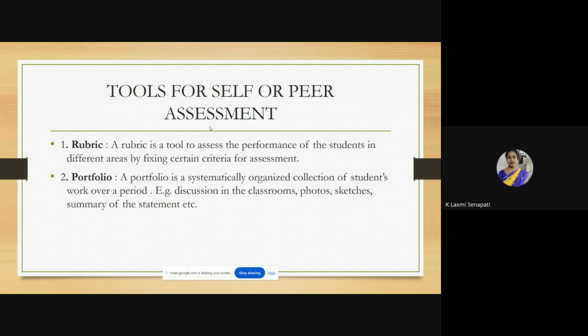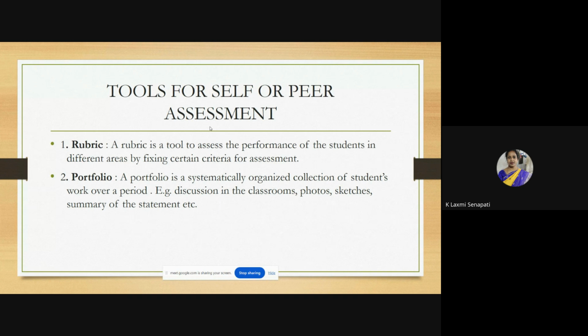We are assessing through CCE also, continuous comprehensive evaluation. Through CCE, every time we are evaluating the students in the class and outside of the class also. Before that it was called continuous comprehensive evaluation, and that is also modified, now it is continuous and comprehensive assessment.